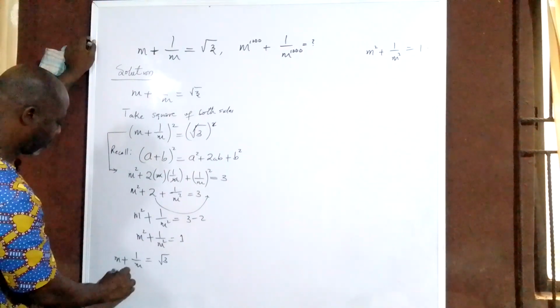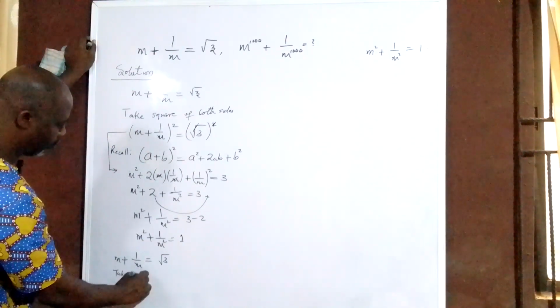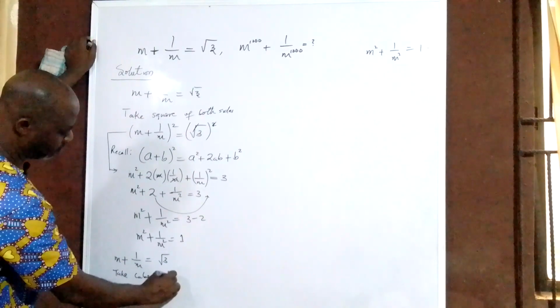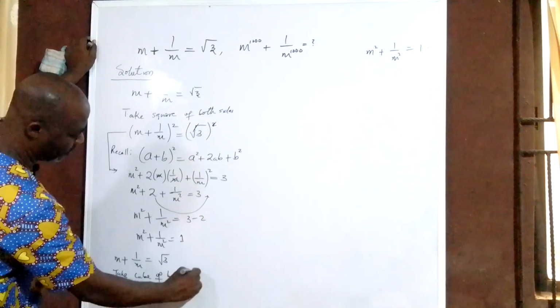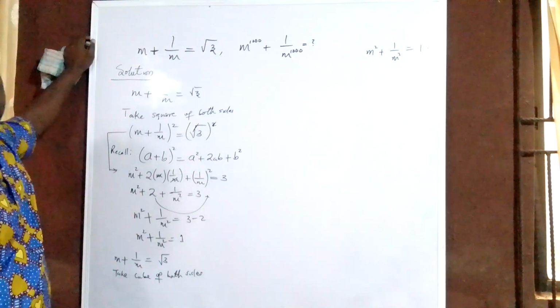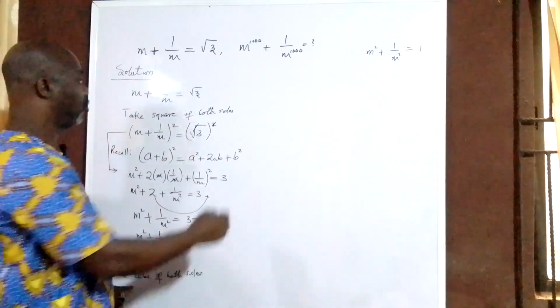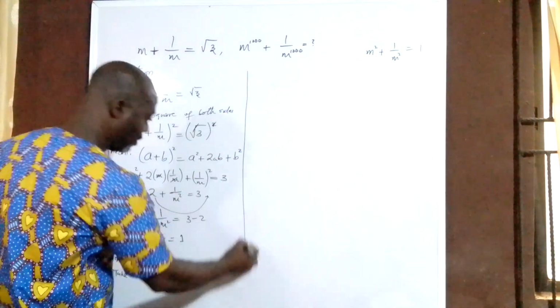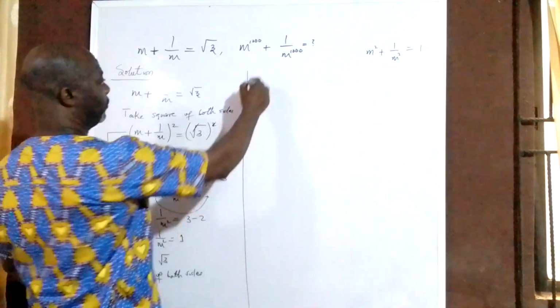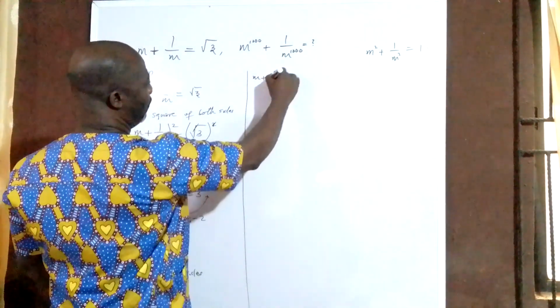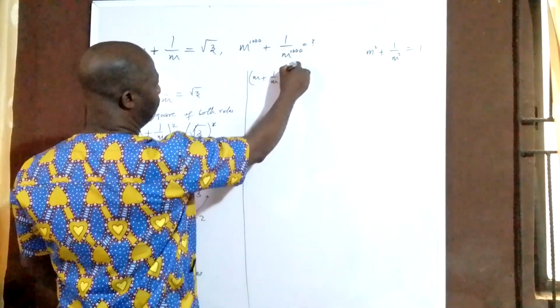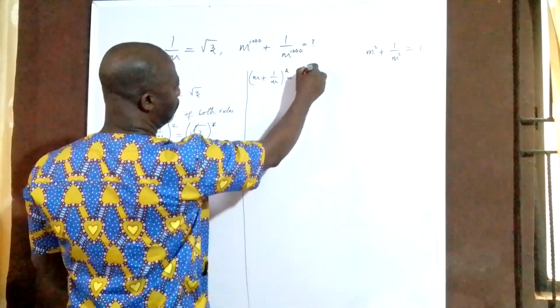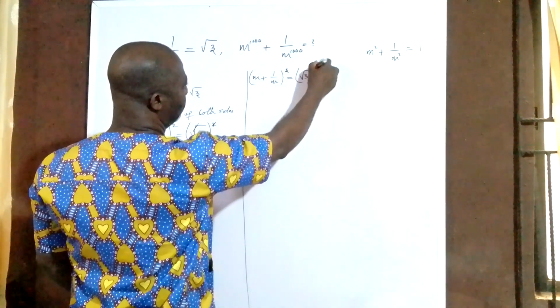So I can say take the cube of both sides. So once I take the cube of both sides, what I then have will be m plus 1 over m cubed equal to square root of 3 cubed.